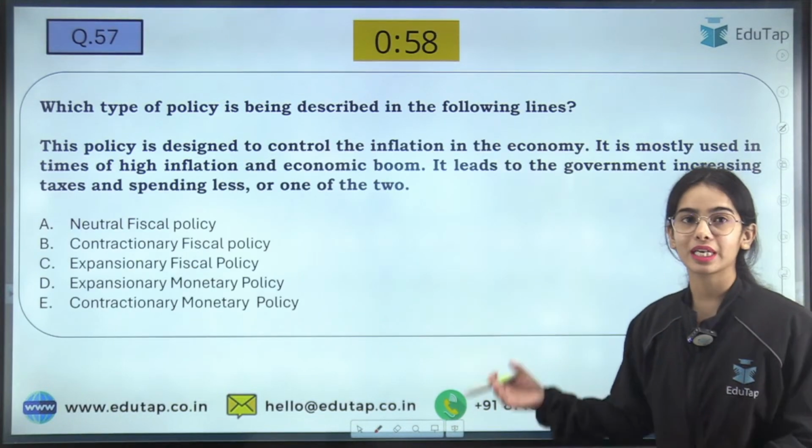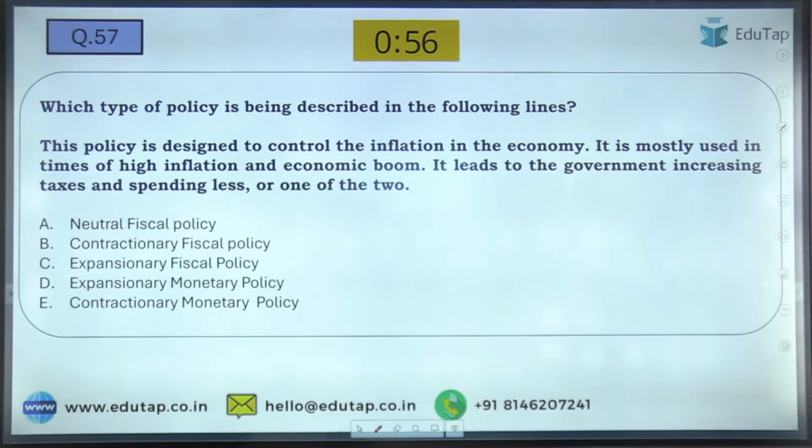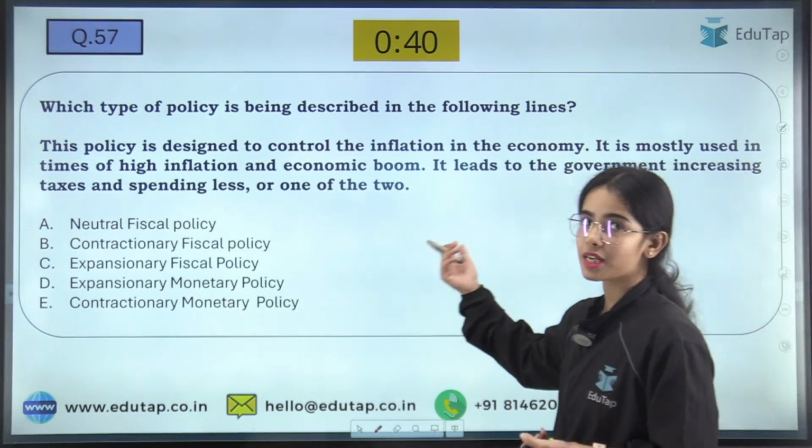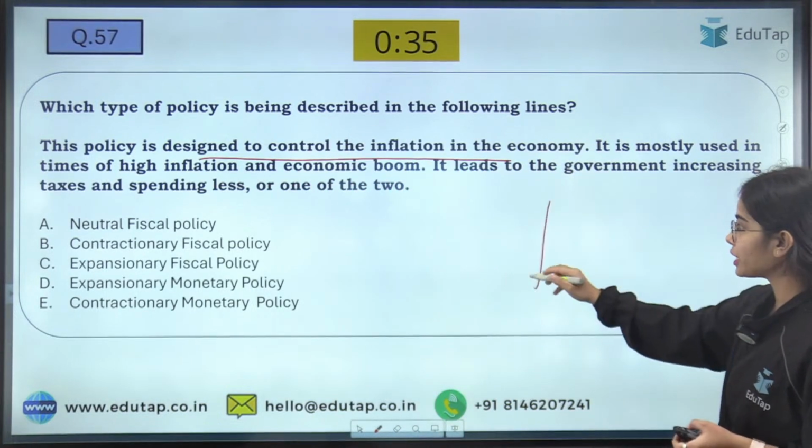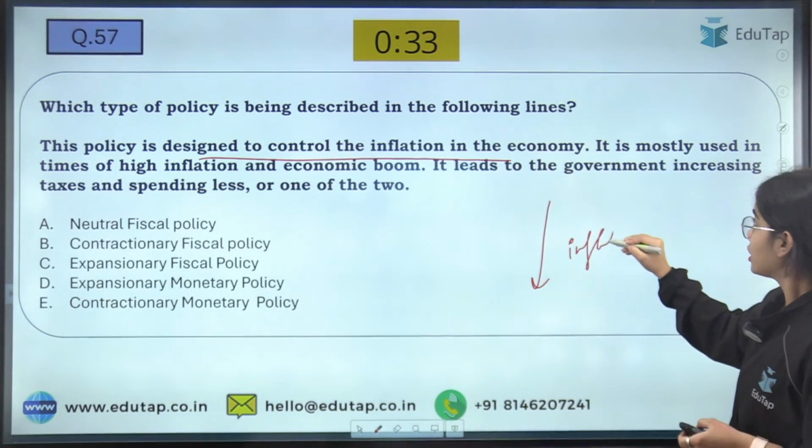Coming to the next question, try to read this statement and tell the right answer. Very easy statements are given. This policy is designed to control the inflation in the economy. So we want to decrease the inflation in the country.